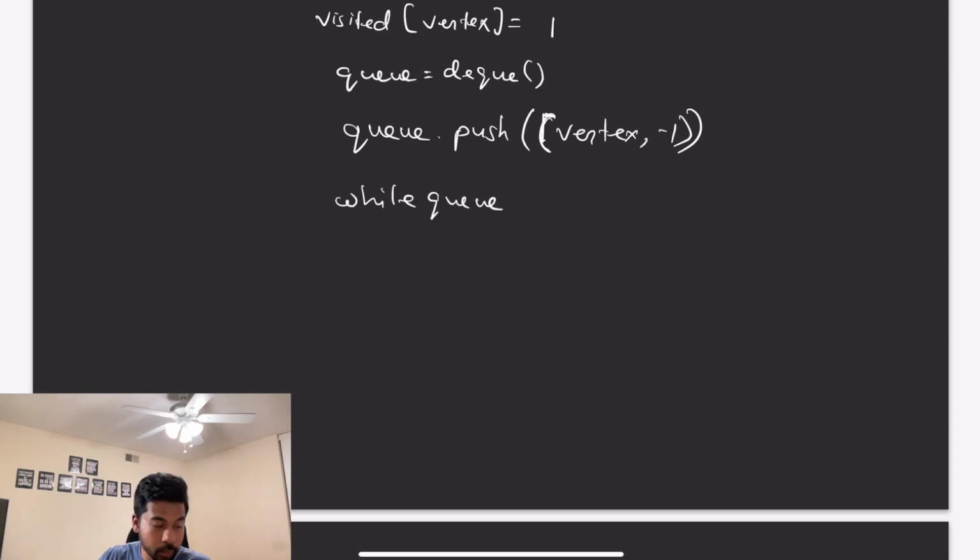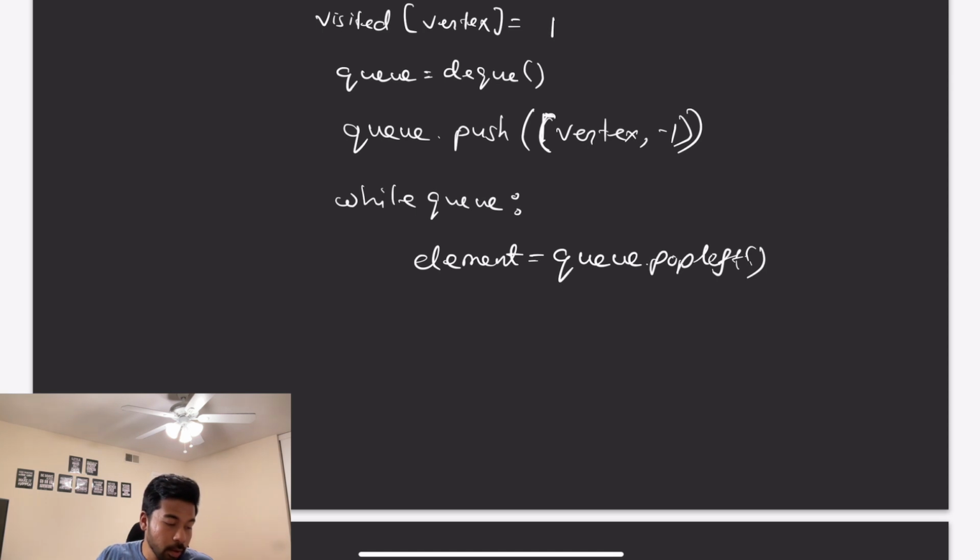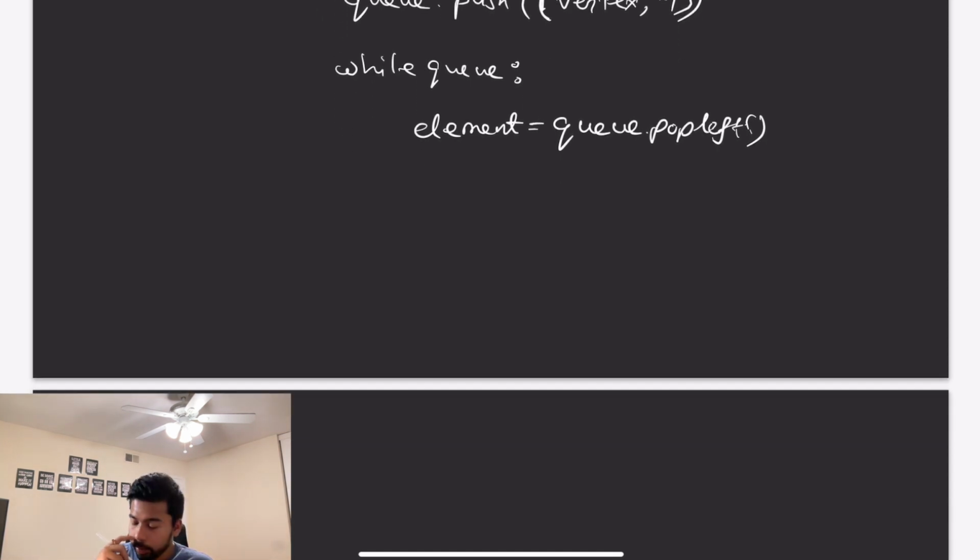While q, I mean, it's the same code. It's literally the same code. I'll just leave this out so you can sort of understand what we're doing. Since we have a tuple in there, we can do, let's say, node.